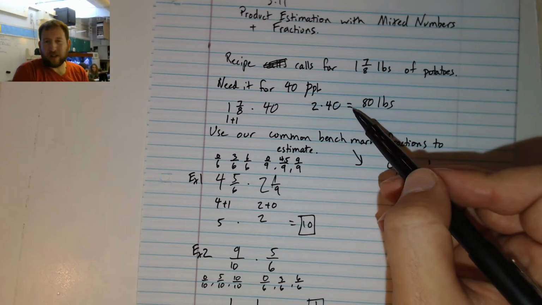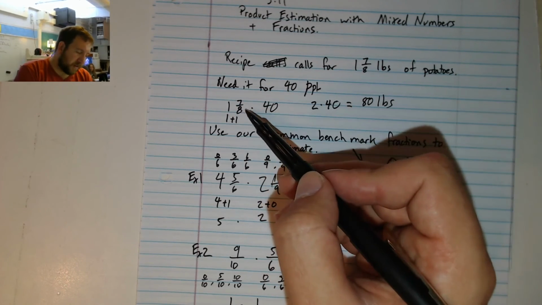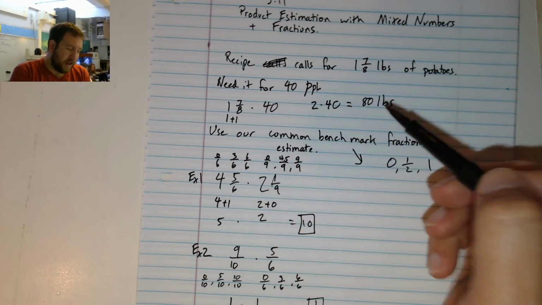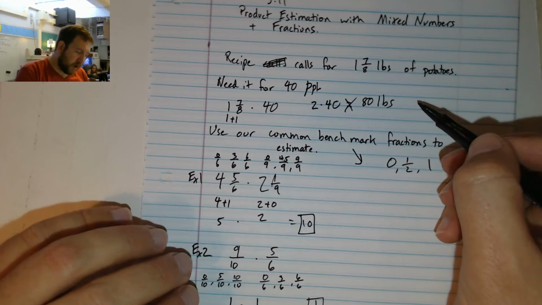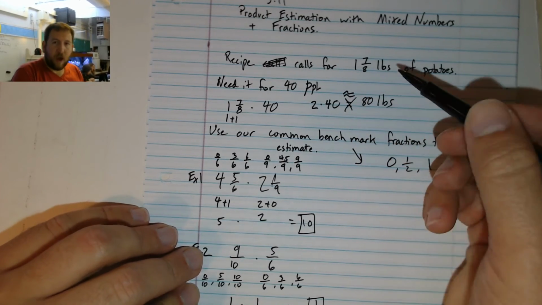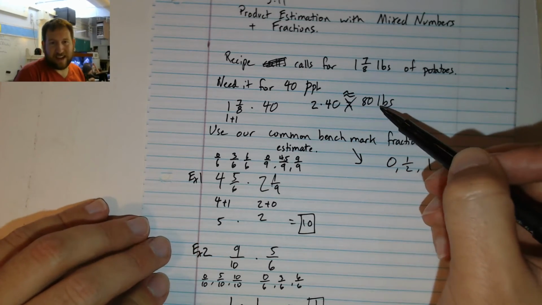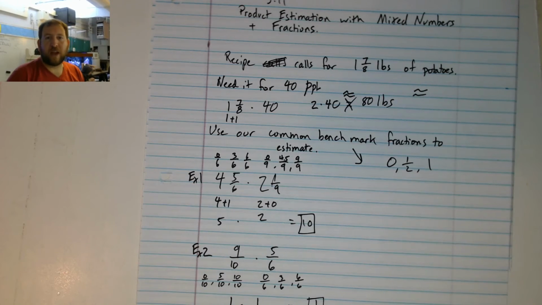Now, I really shouldn't use an equals sign for this problem, because 1 7/8 times 40 does not equal 80. So I shouldn't write it like this. I should write it as it about equals 80, or it approximately equals 80, because this little symbol here we typically use when we estimate, because it says to the person that's reading our paper that we made some changes in it.